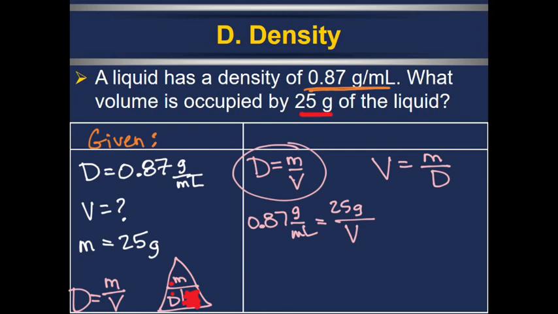I hope that you see, I'm going to draw some arrows, because maybe you don't, just to see how it really is coming out to this equation. We want to get volume out of the denominator. So you multiply both sides by volume so that it cancels there. And then if you wanted to get volume all by itself, you would have to divide both sides by the 0.87.